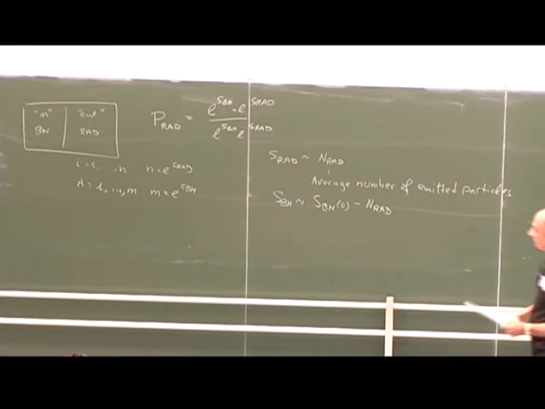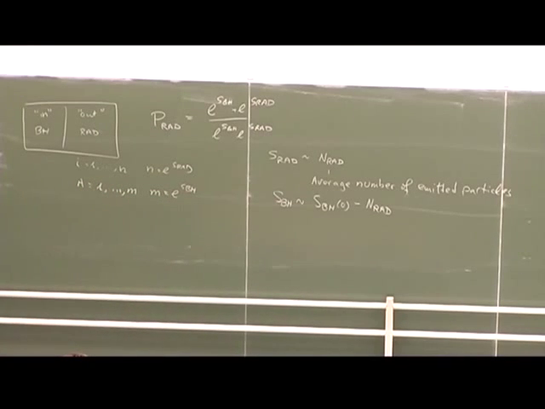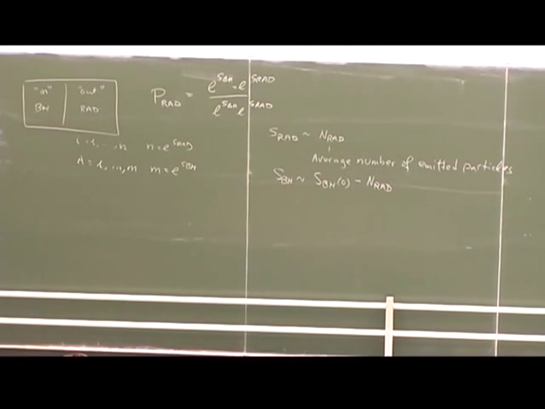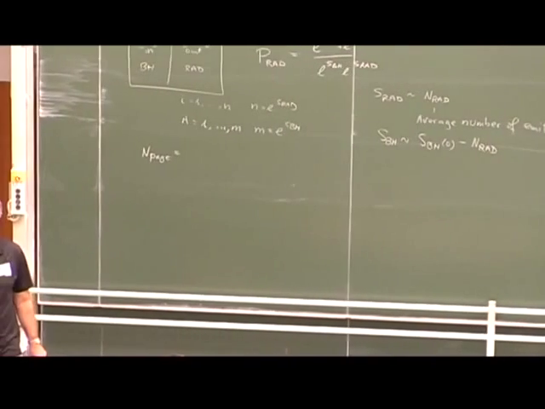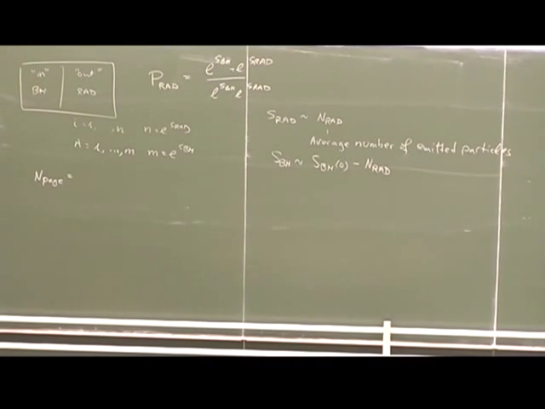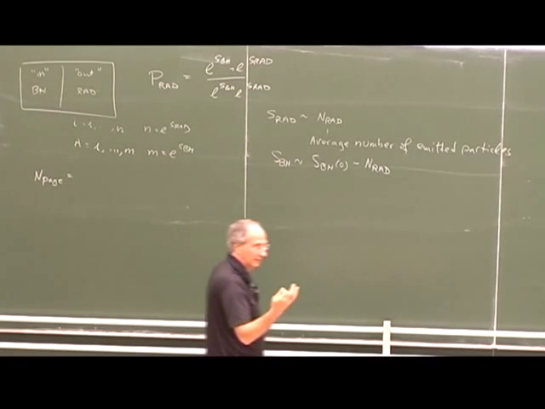And then we defined the Page time. I use n rather than t, but you can convert, since the black hole is emitting as a black body, it is emitting energy at a fixed rate, roughly, right?